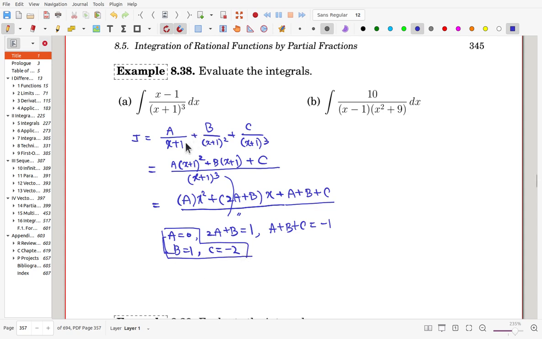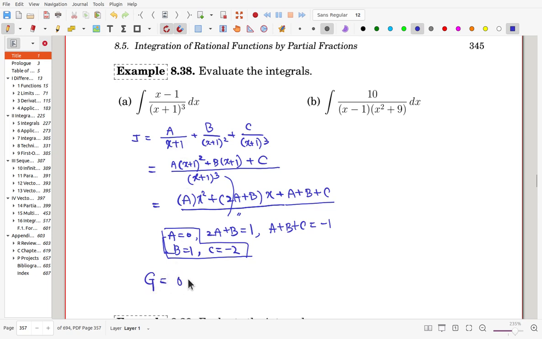Okay, now we already know a is 0, so this will disappear, and b is 1. What is the antiderivative of this one? That is minus 1 over x plus 1, right? So the given integral is the same as that one.